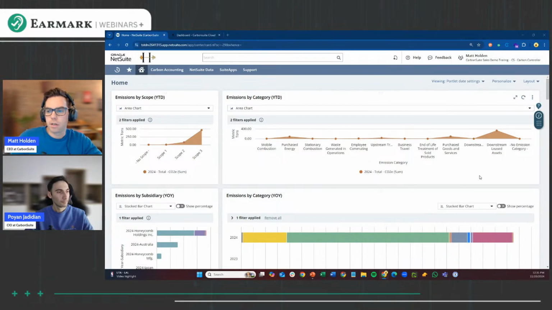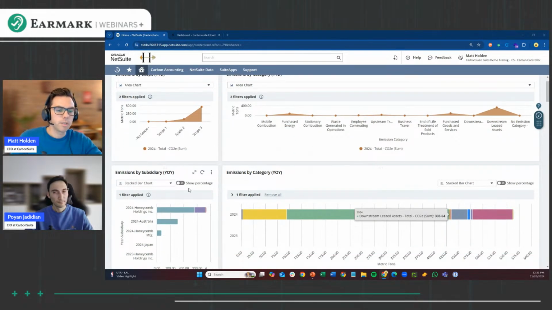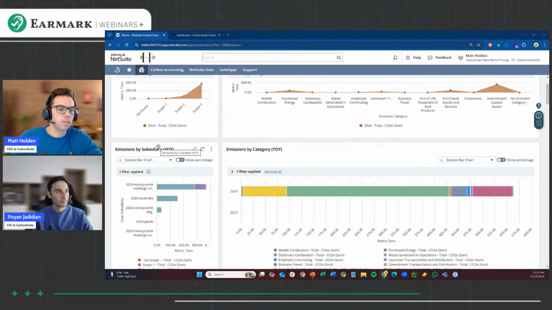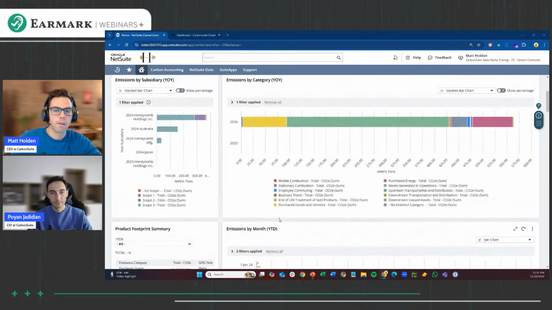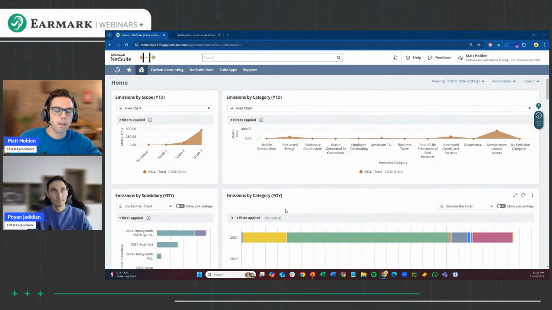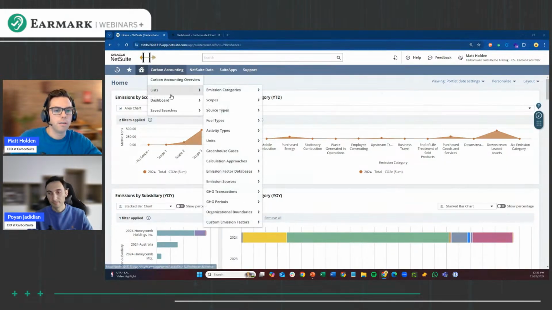Some of the ones you see on here are the ones that are in that GHG protocol chart. You can see emissions by different subsidiary. This would be your legal entities as they're set up in your system, right? Month over month, emissions of your products, things like that, okay? So as you're collecting this data, it all piles into these reports and they're automatically updated in the system there.